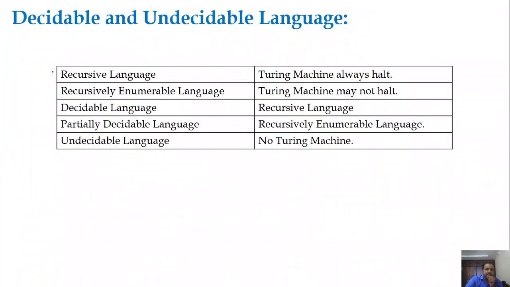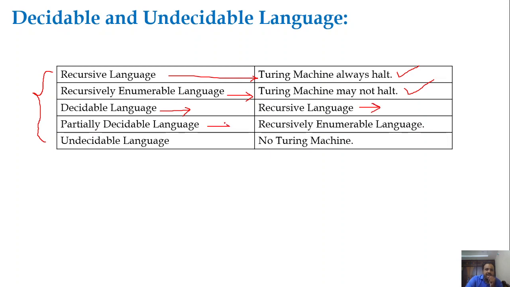Here there is a description mentioned in the form of a table. For a recursive language, there exists a Turing machine that always halts. For a recursively enumerable language, there exists a Turing machine that may or may not halt. Recursive languages are considered decidable languages.